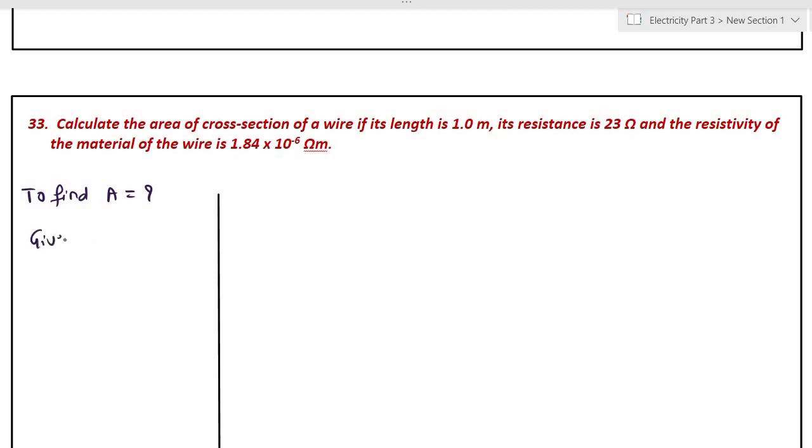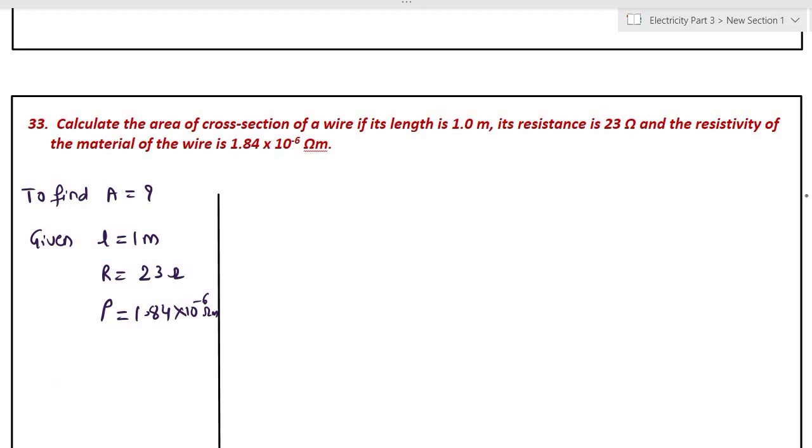What he had given: length of the conductor 1 meter, resistance of the conductor 23 ohm, and resistivity of the material of the wire is 1.84 into 10 to the power minus 6 ohm meter. This much only had given.